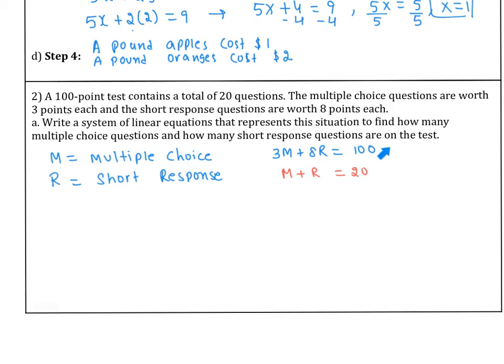Now we are going to solve these two equations to find out the number of M questions, which is multiple choice, and the number of R questions, which is short response.